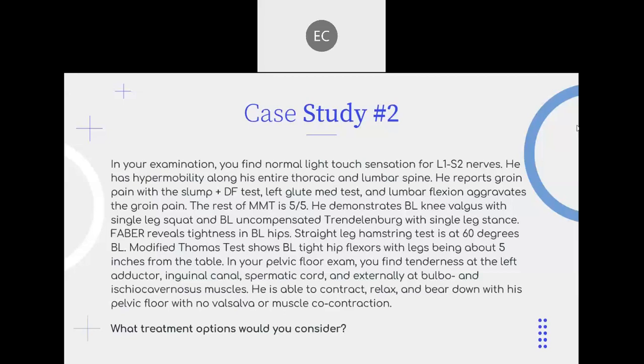Because it's almost like it's spasmed because it's weak. So I would do maybe gradual loading, gradual strengthening of that muscle, with lots of range of motion initially, and then gentle strengthening to get it to where it doesn't need to feel like it's spasmed in order to be strong.